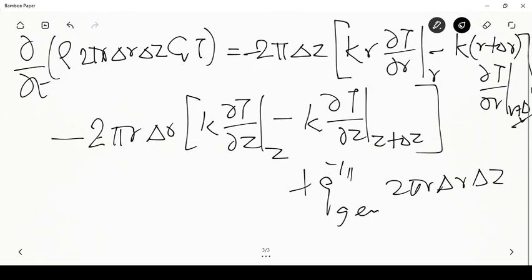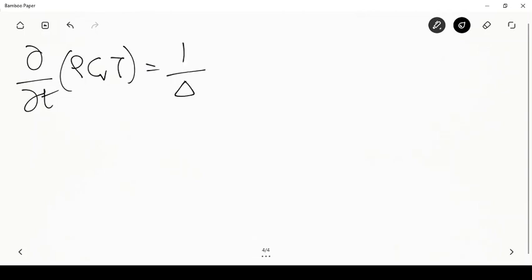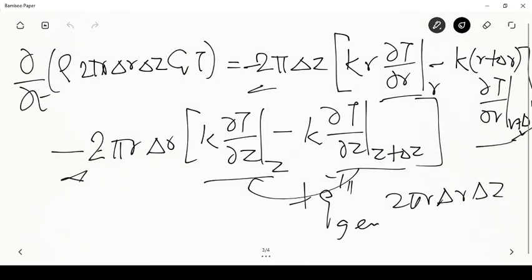Now we divide this throughout by the volume and adjust the minus signs into this, so these two terms get swapped, and similarly these two terms get swapped and the equation gets rearranged. So you would get, if I divide it throughout by the volume, del by del t of rho C_V T is equal to 1 by r delta r, because you have a 2 pi delta z here.